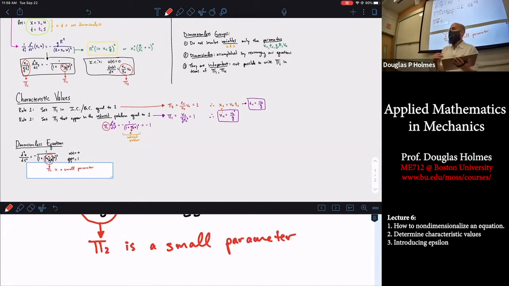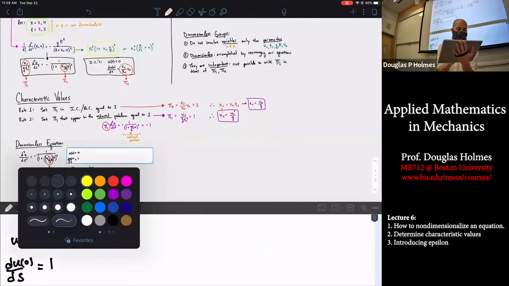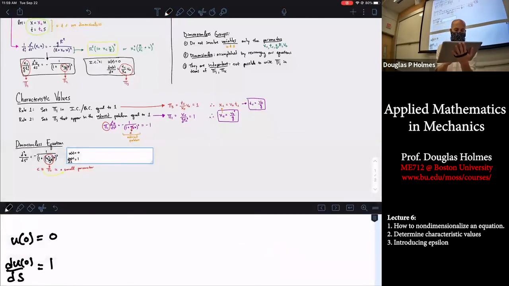And we're going to introduce a new variable that's going to represent our small parameter from this point on. We're going to call epsilon our small parameter. I should be clear: what I'm saying here is not that epsilon is always pi 2, it's that epsilon is a small parameter. So there's two things we need to do. First, let me just write out our equation with our small parameter in there, just for clarity's sake.